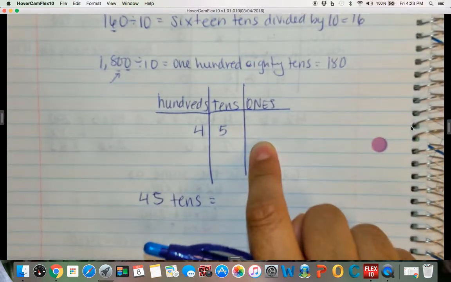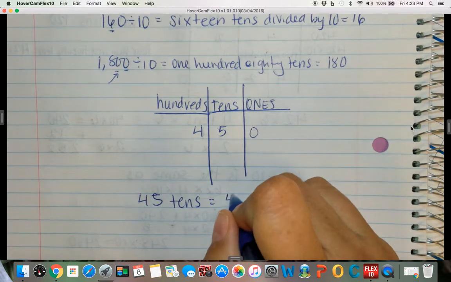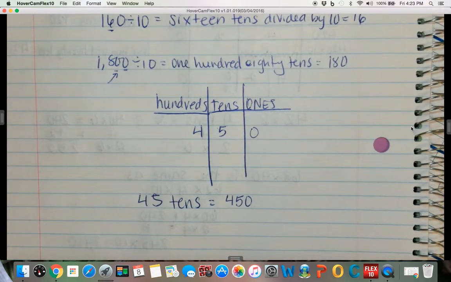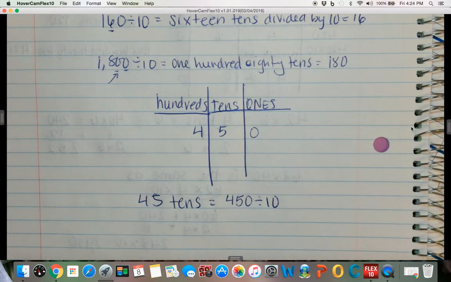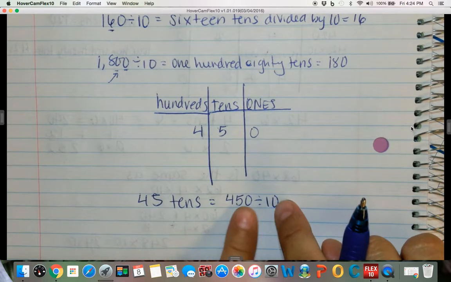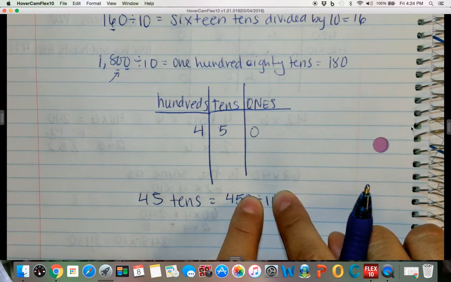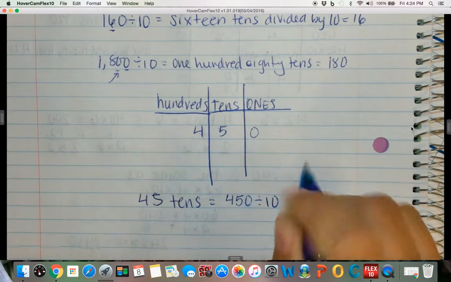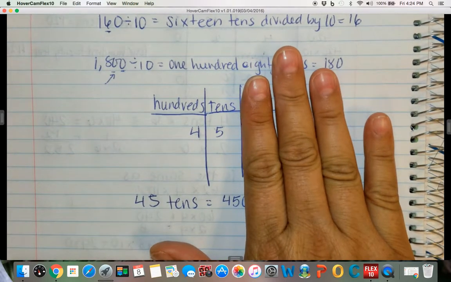I have to have a number here in my ones place. 45 tens is the same as 450. I'm going to take that 45 tens and divide it by 10. 45 tens divided by 10 is like saying 45 divided by 1. I have 45 groups. 45 groups of 10.